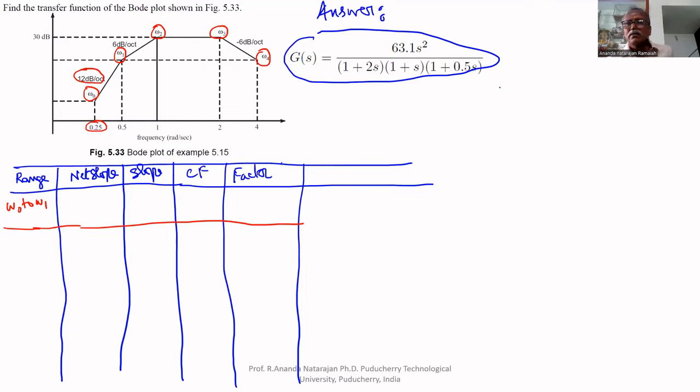Already I told you that 6 dB per octave equals 20 dB per decade. Here it is 12, therefore it is 40 dB. The slope is a positive slope, therefore plus 40 dB per decade.